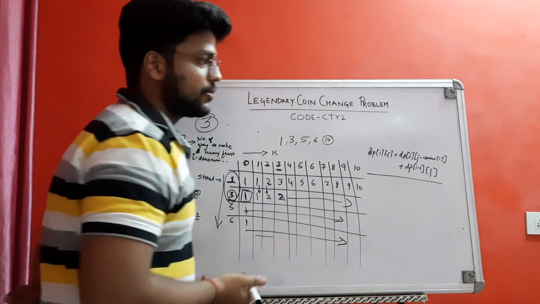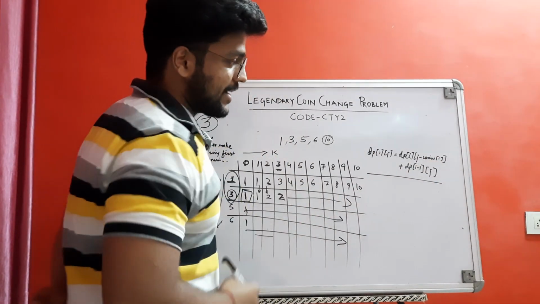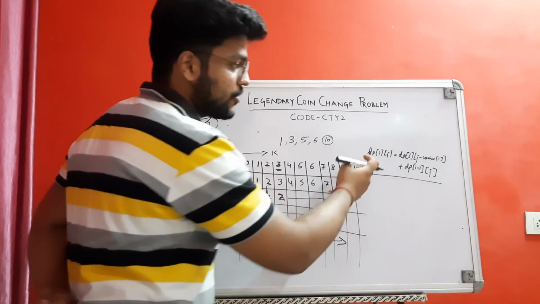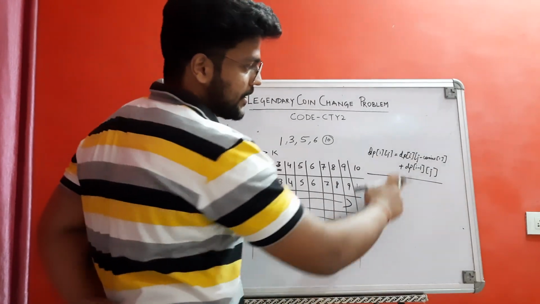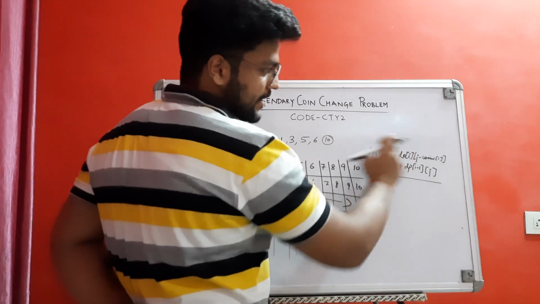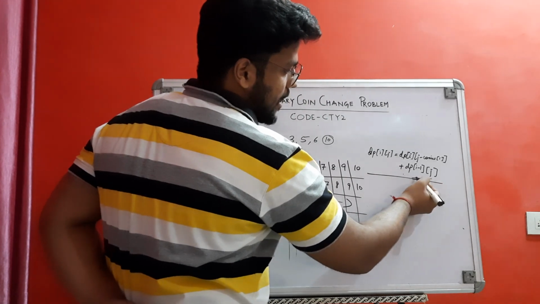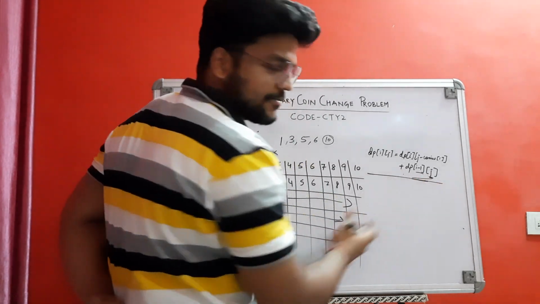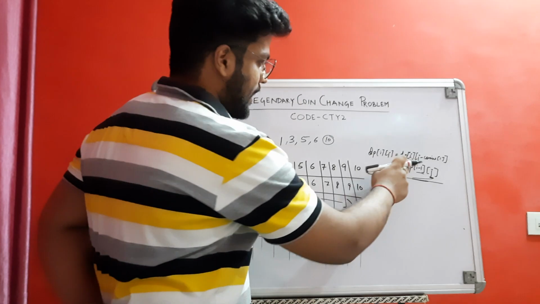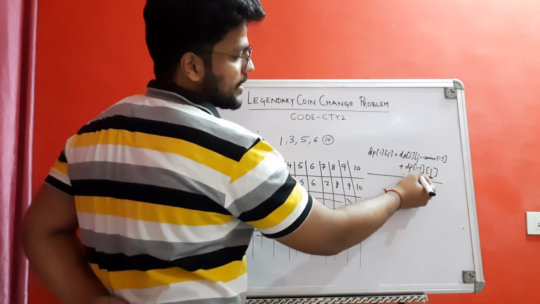I already told you I will be using the ith coin denomination. If I use that, my required sum will be j minus coins[i]. And if I don't use it, then it is dp[i minus 1][j], because the required sum remains the same, j. If I am not using the ith coin, then I have to decrease i to i minus 1.